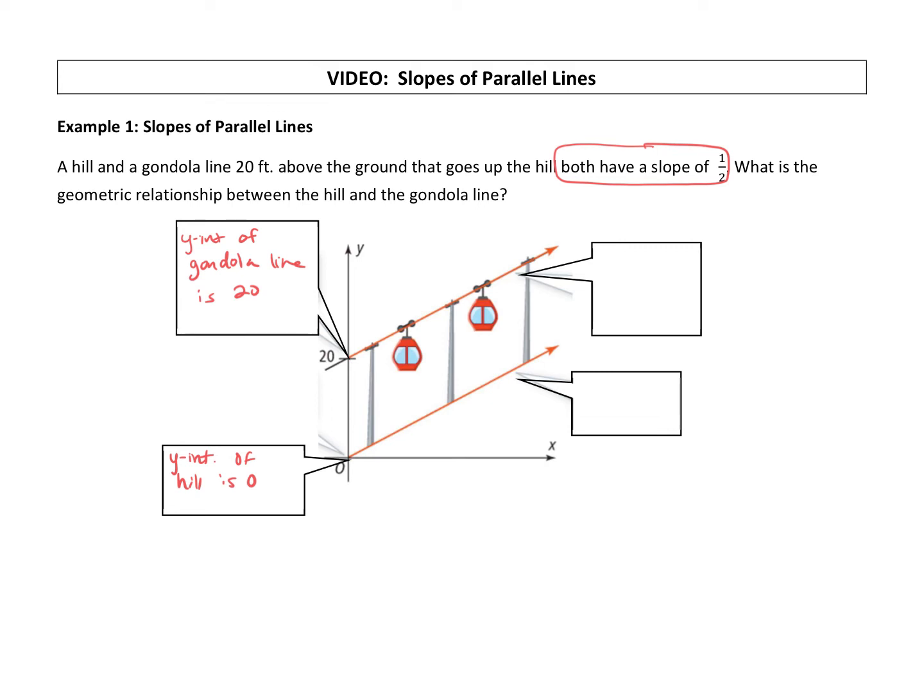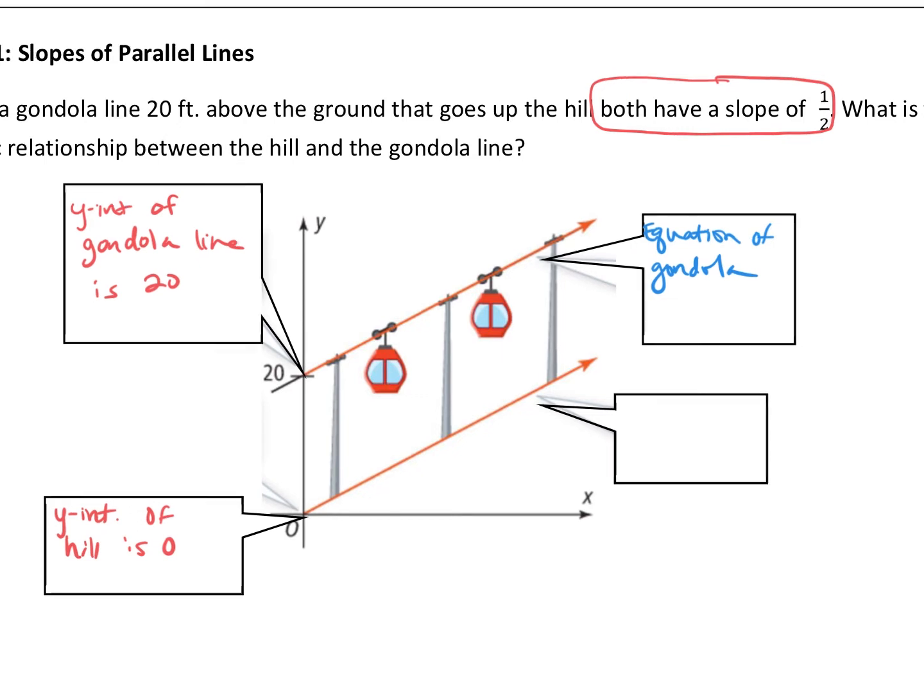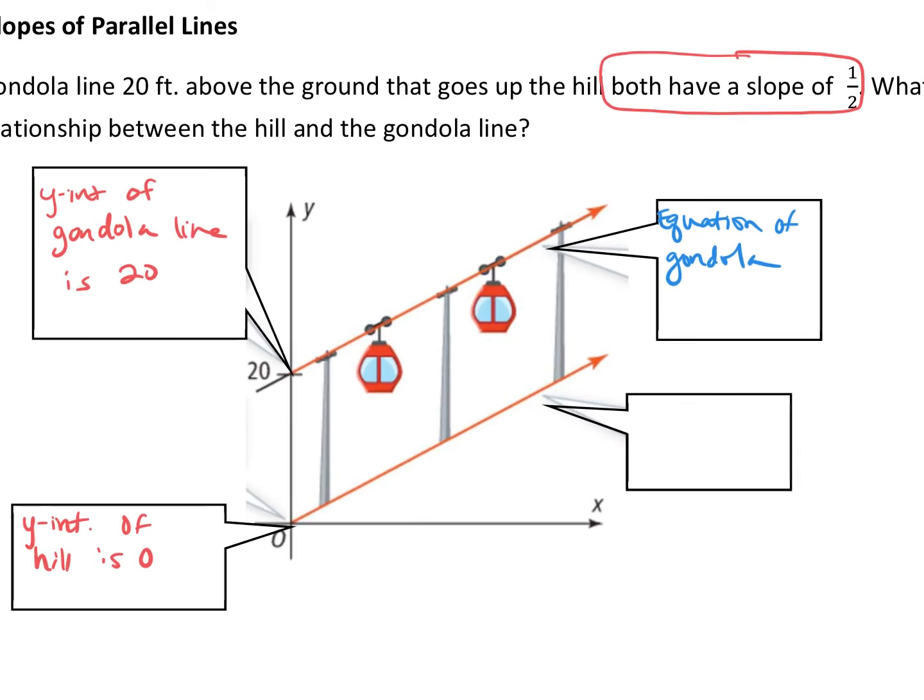So let's make a note of what these equations will be. The equation for the gondola, maybe I'll zoom in, I feel like I'm writing so small. So let's just remember equations of lines, y equals mx plus b, where m is our slope and b is our y-intercept.